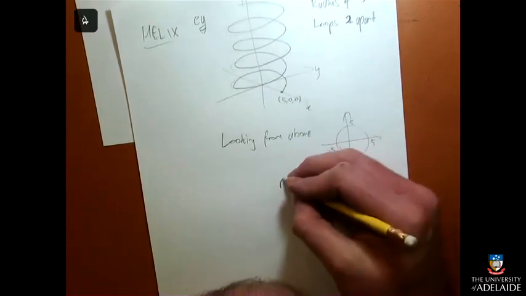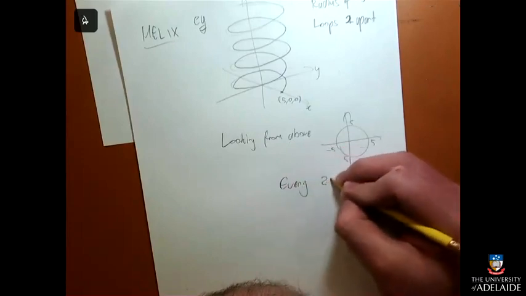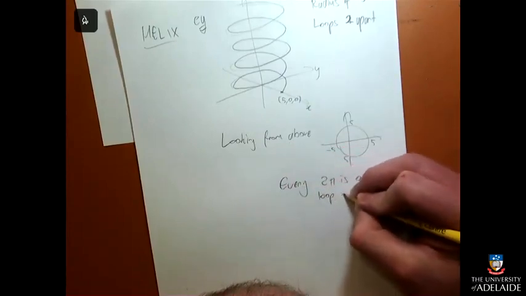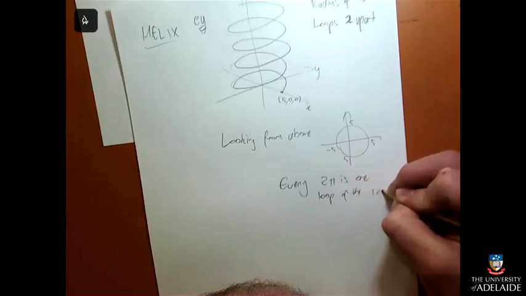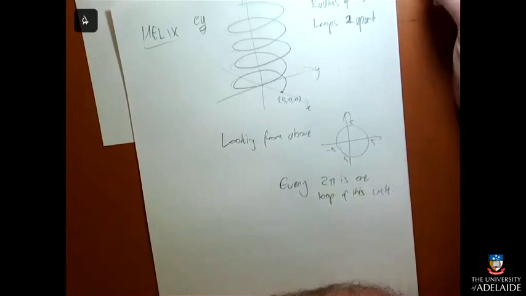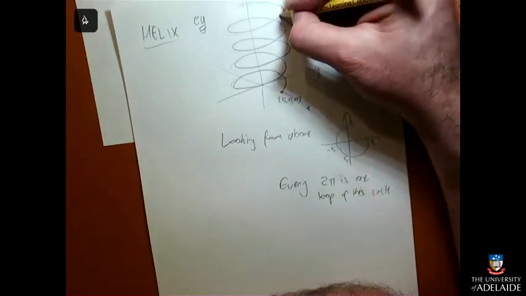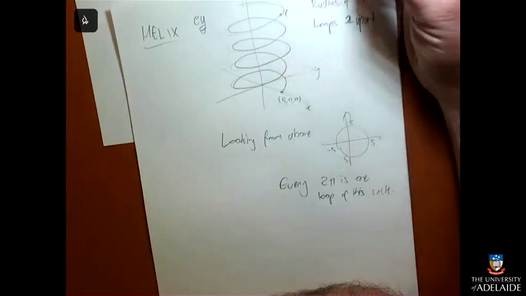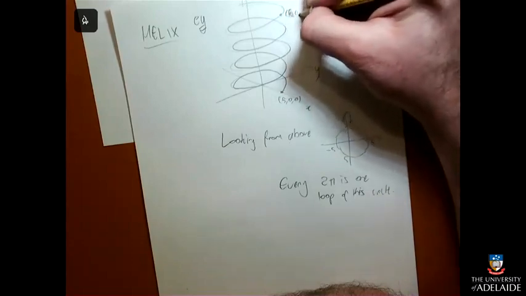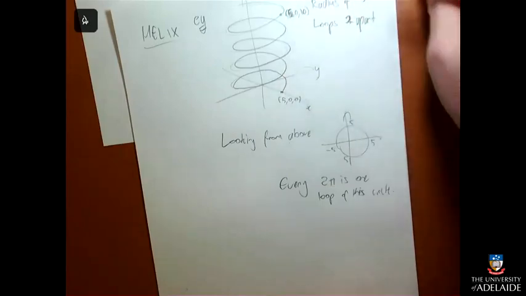Okay, so let's see, every 2 pi is 1 of the circle, of this circle. I should really pick an ending point, shouldn't I? Let's say it finishes at 5, 0, 10. Yeah.